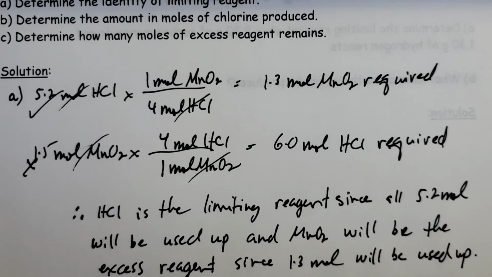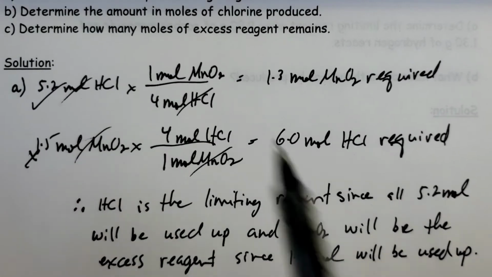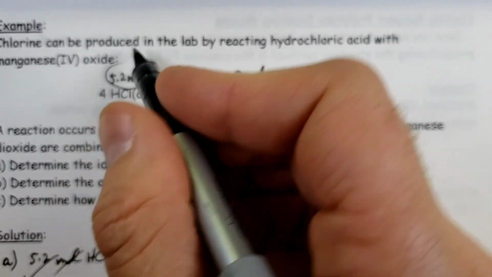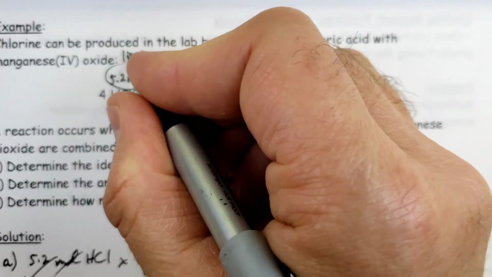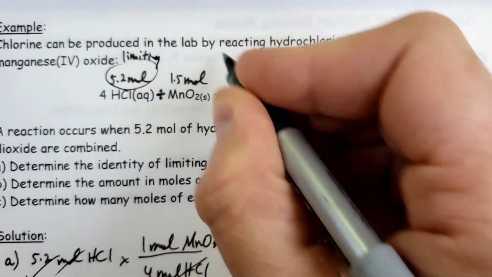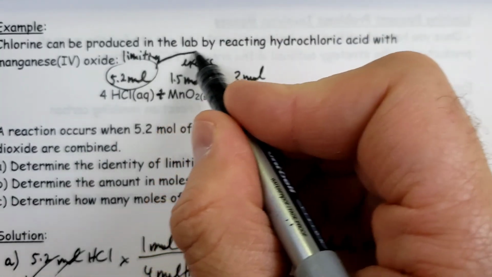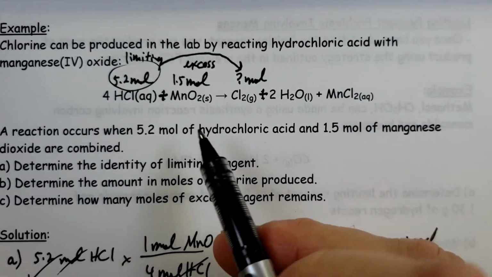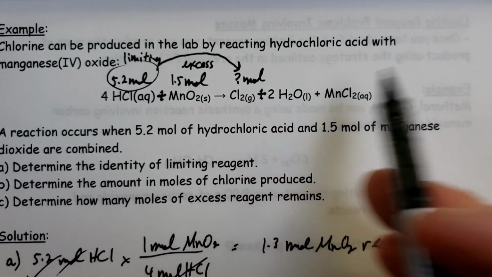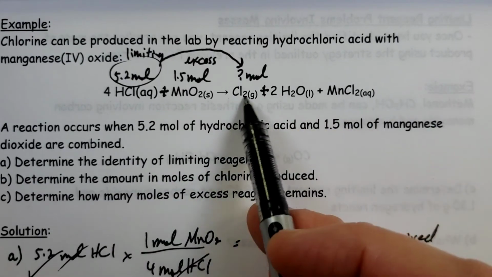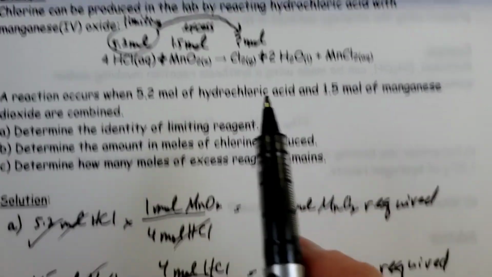Okay, so now that we know that HCl is the limiting reagent, so that's going to be my limiting, and of course this is going to be my extra or my excess, so it's the limiting reagent I use to figure out either Cl2 or H2O. In this case I'm here to figure out Cl2, 4-to-1.